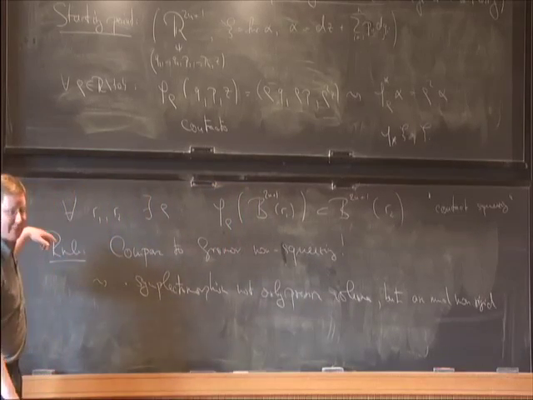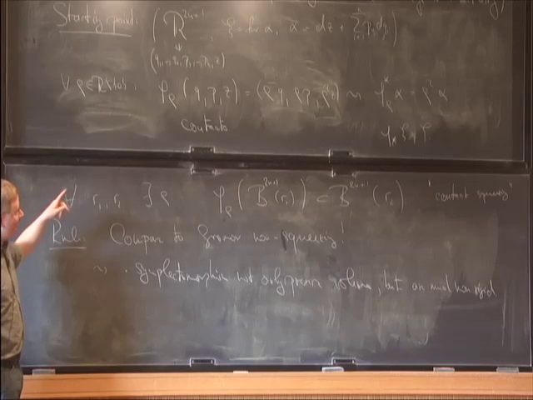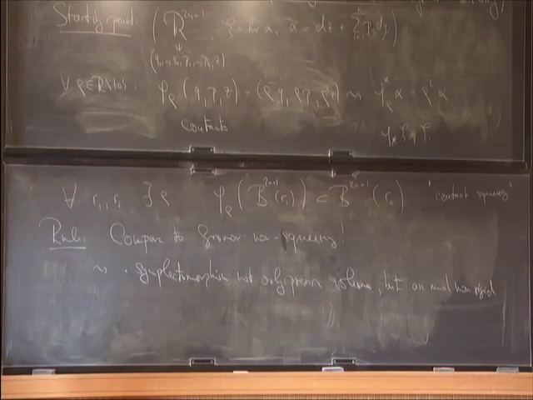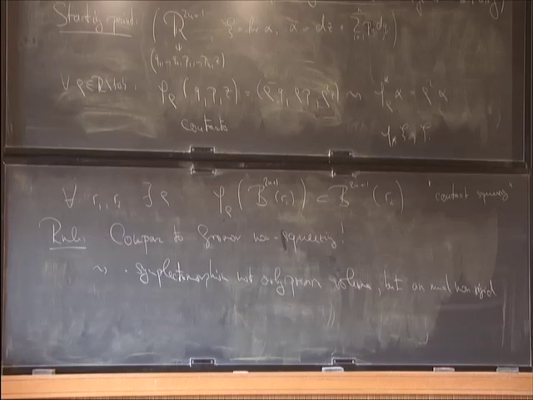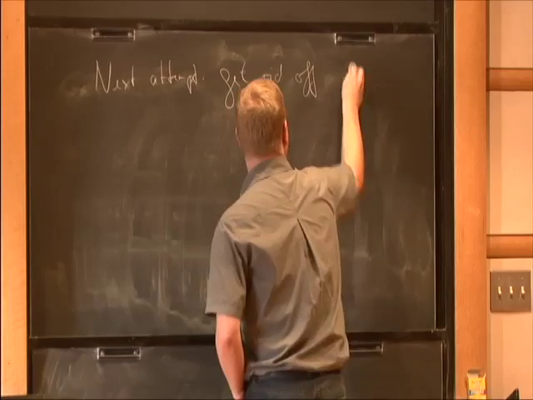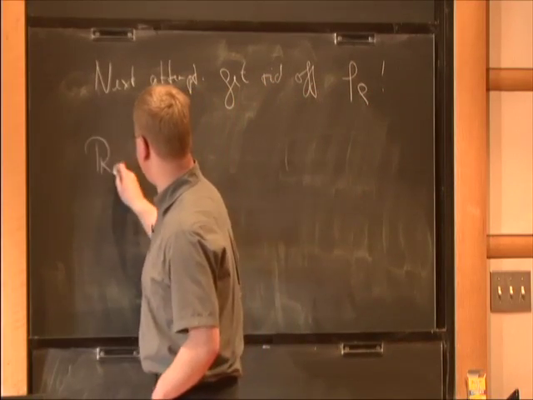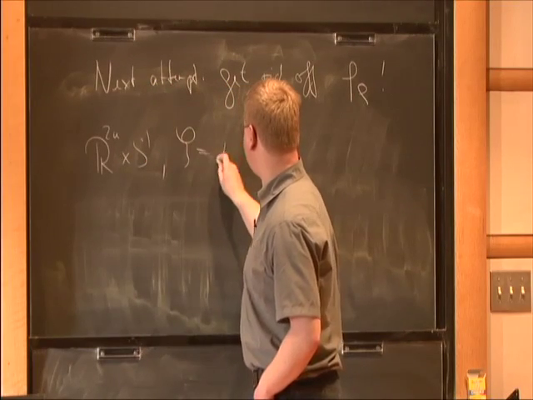The big point is a theorem which comes now by Eliashberg-Polterovich, that you can still have contact non-squeezing in the right setup. Okay, so let me tell you how this goes. So the next attempt is, let's get rid of the phi_rho. And how do we do that? We just replace R^(2n+1) by R^(2n) cross S^1 with the same contact form.